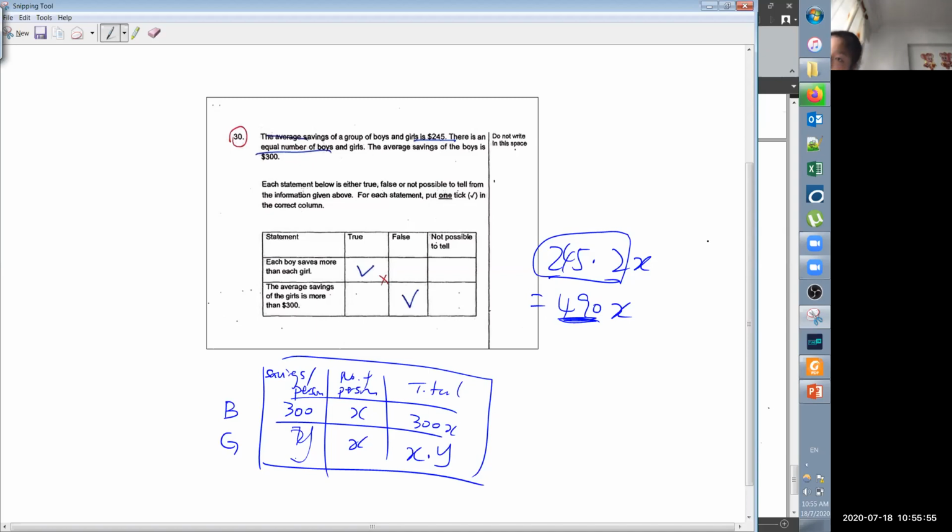Yes. Okay. So 490x is the total savings. So 490x minus your 300x, you are only left with 190x, right? So 190x, you divide by your x. So that means girls savings is 190. Am I right?